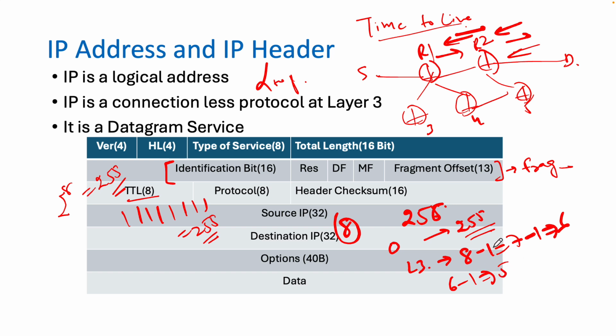And then let's say there is a loop, which kept on moving the packet back and forth. Ultimately, if the value becomes 0, then the packet will be dropped. So this is a mechanism to stop the loop. Ideally it tells how many hops your destination is.